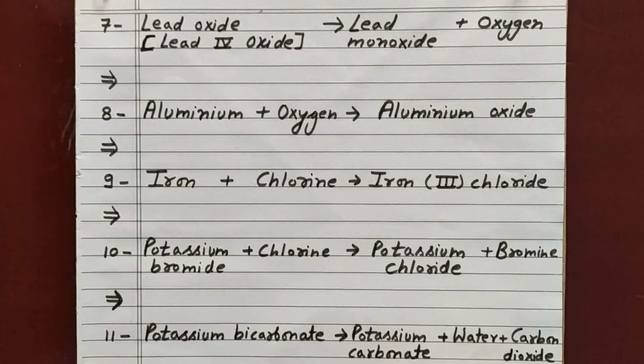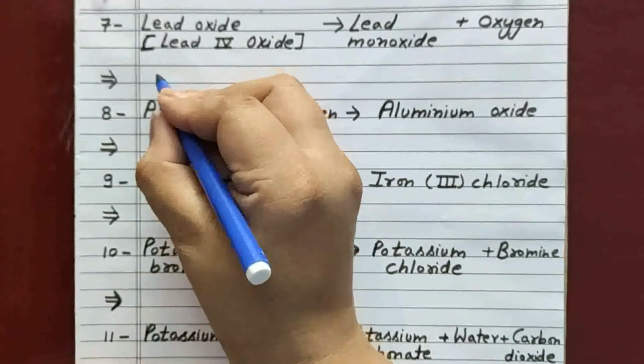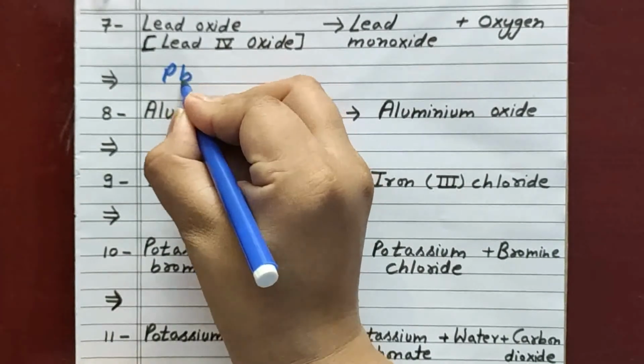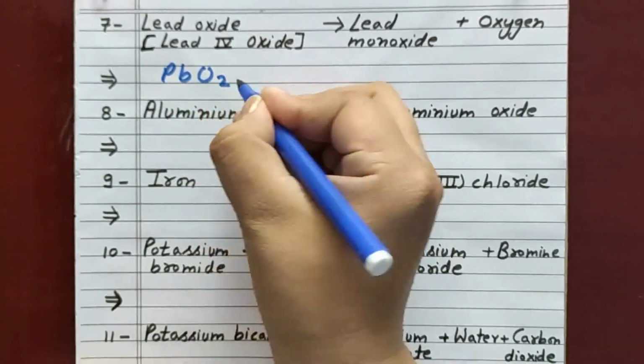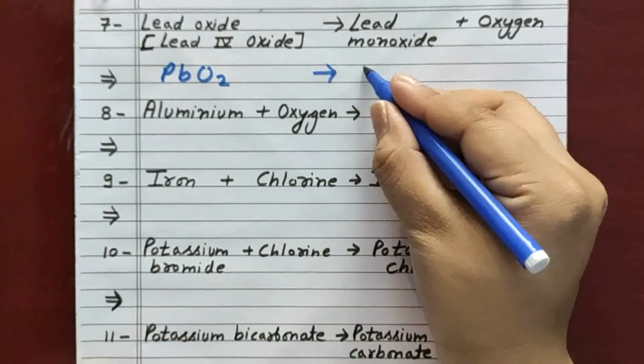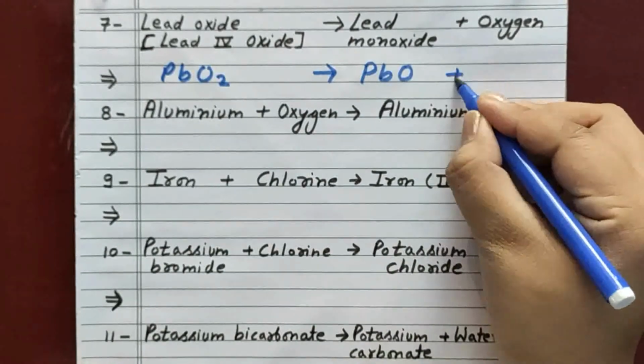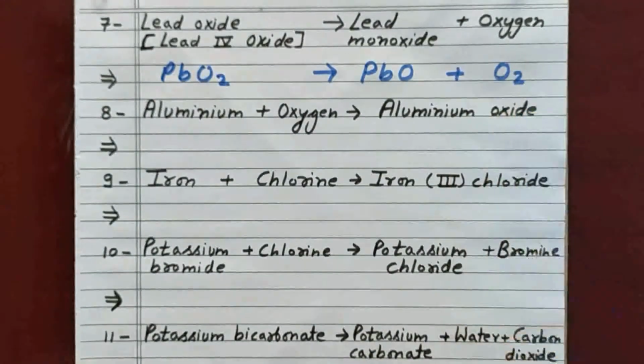Now balancing the 7th equation, lead oxide, which is lead 4 oxide, that is PbO2. Upon decomposition, it gives out lead monoxide, which is PbO, and oxygen O2.